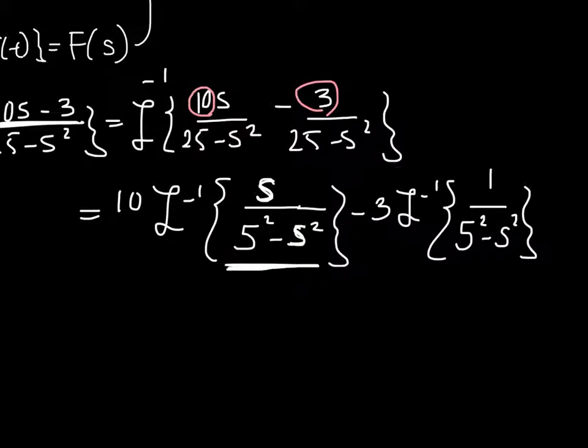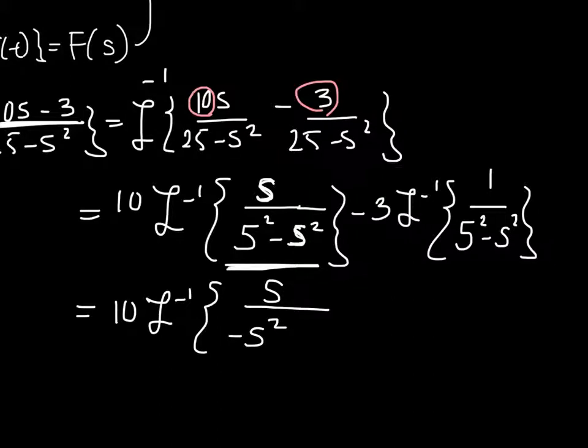But here the formula has s squared minus k squared. I can modify this, but I can't just switch it without doing something. I can rewrite this as s over negative s squared plus 5 squared. That's the same thing.